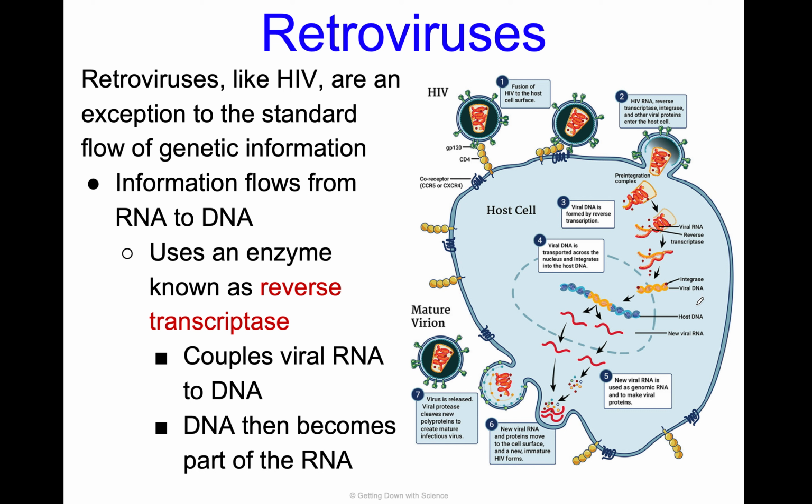Essentially, the information in a retrovirus flows from RNA to DNA. So you can see that up here, a little HIV virus, and it fuses to the host cell. It essentially dumps its RNA into our cell and inserts itself into our own DNA.